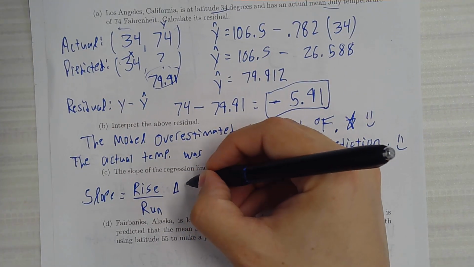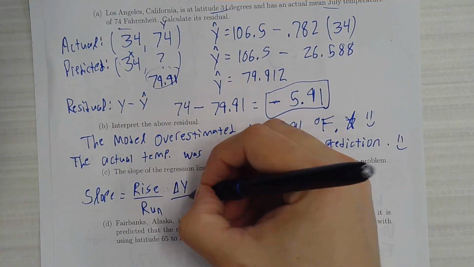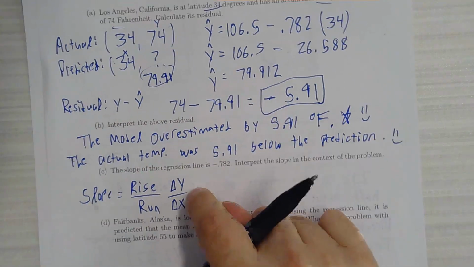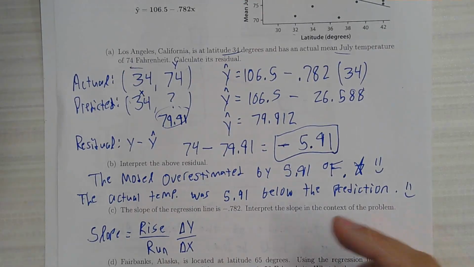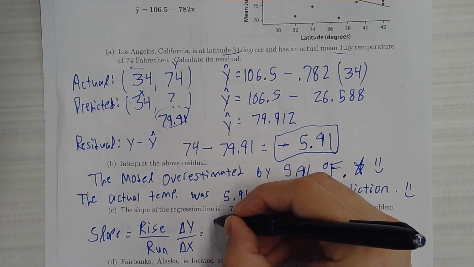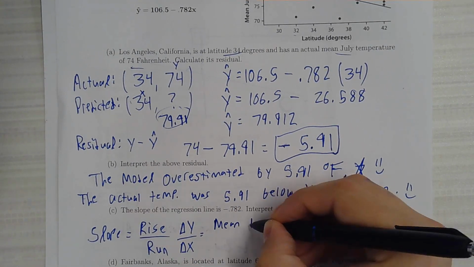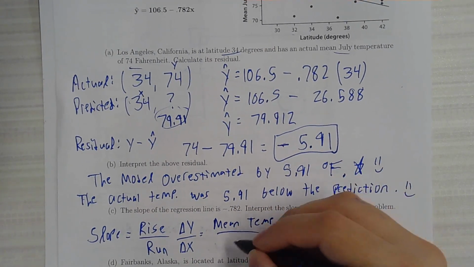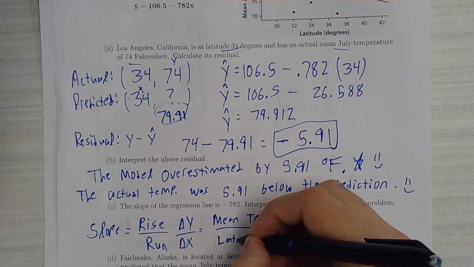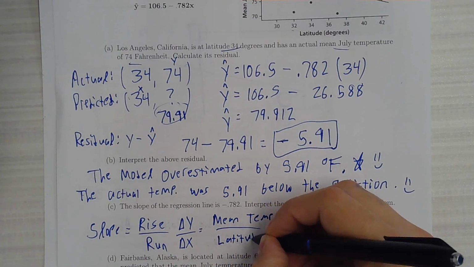The triangle means change in y. When I run, that's going to be my change in x. My question is, what is changing on y? Well, the temperature, right? The mean temperature over what's on the x-axis, latitude.